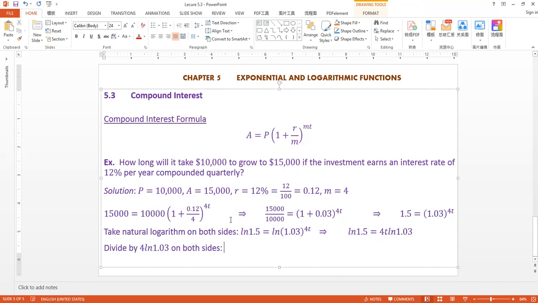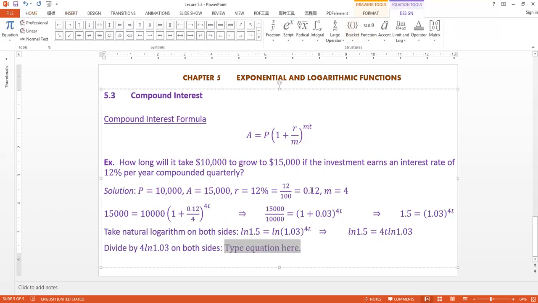So then what we get is T equals, the right hand side just becomes T. We can move it to the left hand side, and put the other things on the right side. So that'll be ln 1.5 over 4 ln 1.03.